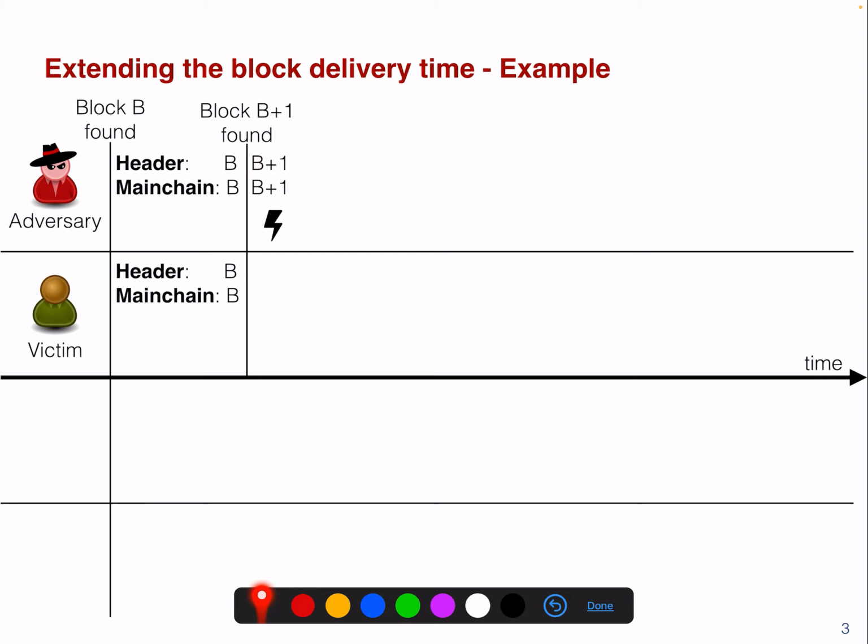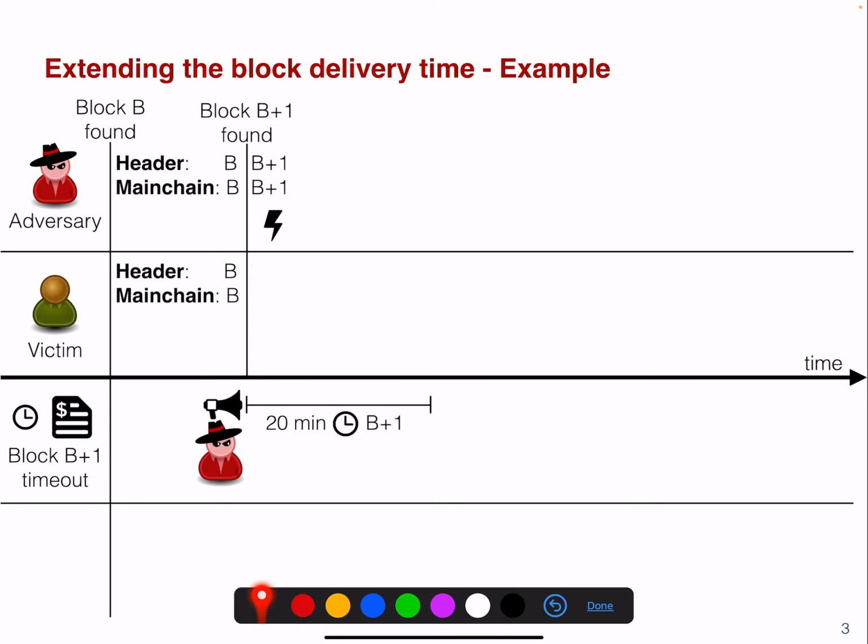Now the victim will request from the adversary, can you please send me the header content, and later receive the block content, but the adversary will not respond. This triggers a 20-minute timeout on the adversary side. Now the victim is eclipsed, and it will be eclipsed for at least 20 minutes if during those 20 minutes no other peer connects to the victim.